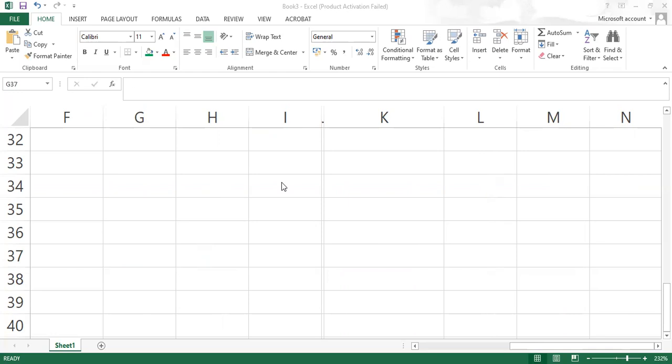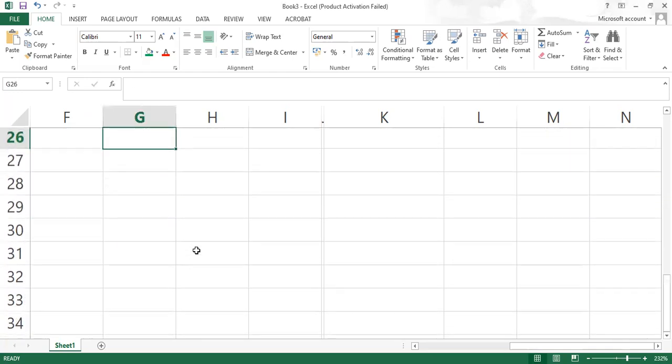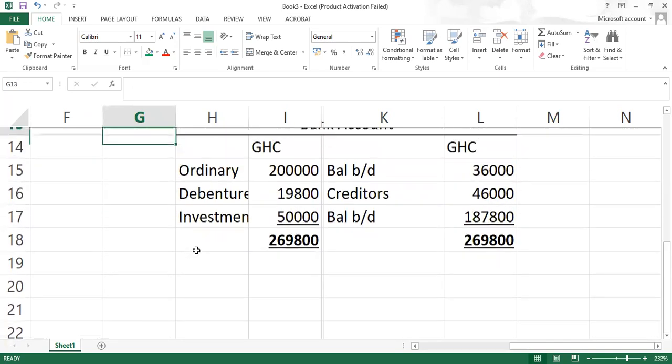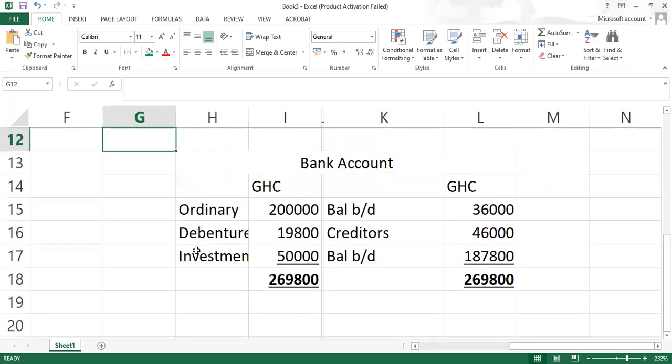As soon as the money comes to your account, the bank will deduct. So they are saying that you are not to write it off, so you have to pay. As soon as you receive the 200,000 from the ordinary shares, you pay your overdraft. That is why we put the overdraft over here, so that it will be deducted from the 200,000, to show that you have paid the overdraft.